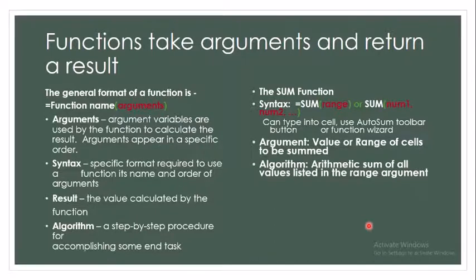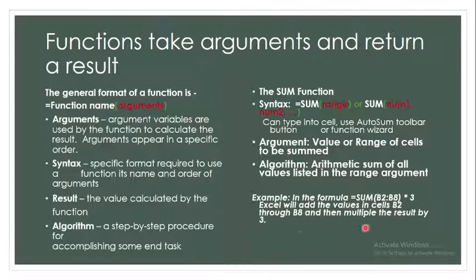So I'm going to give you an example. In the example, it is given that you have to find the sum of the cells from B2 to B8, and finally you have to multiply the result with 3. Fine, so let me see.